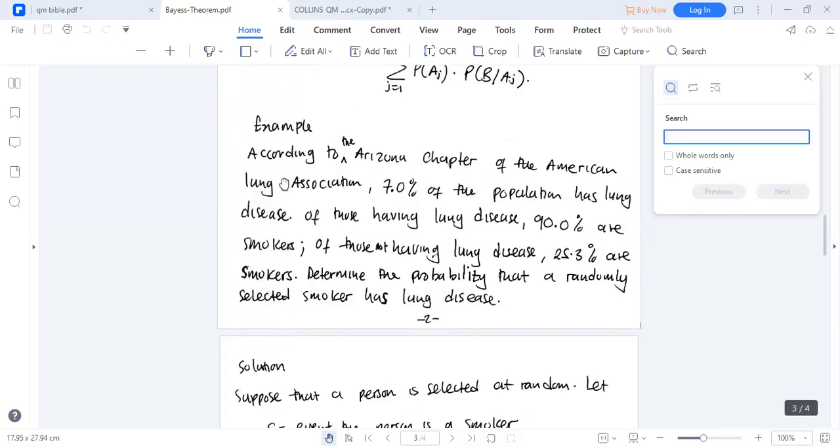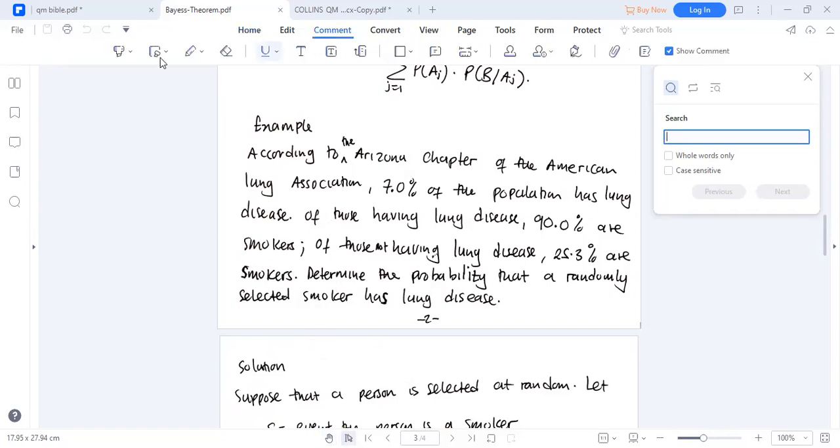So according to the American Association, 7% of the population has a lung disease. So what are we given here? Probability of lung disease. Let event L1 be no lung disease, L2 be they have a lung disease.